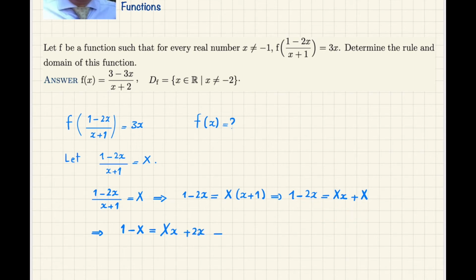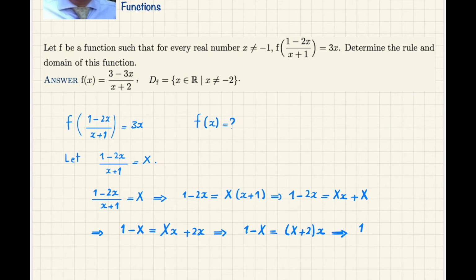In the next step, I write 1 minus capital X as it is on the left, but here I can pull little x out, yes? So what is left for me is that I will have (capital X plus 2) multiplied by little x. What was my goal? My goal was to find x in terms of capital X. So it means that I have to divide both sides by capital X plus 2.